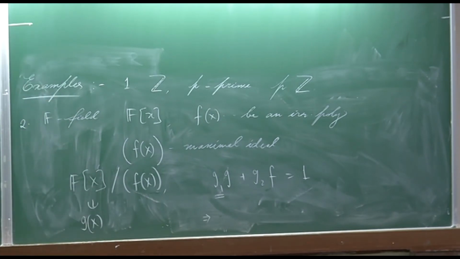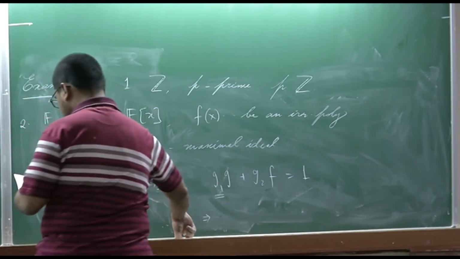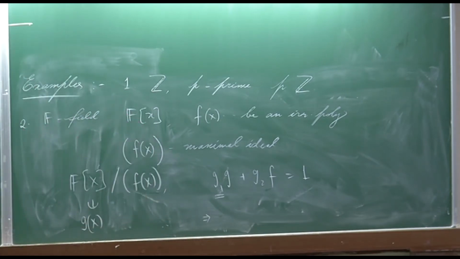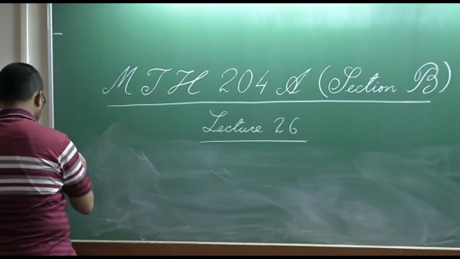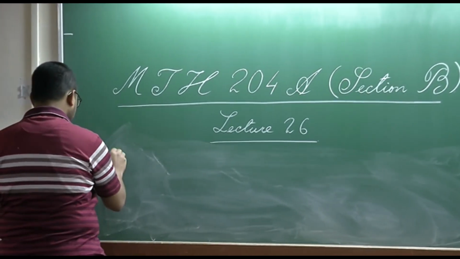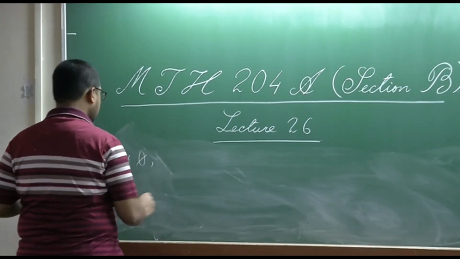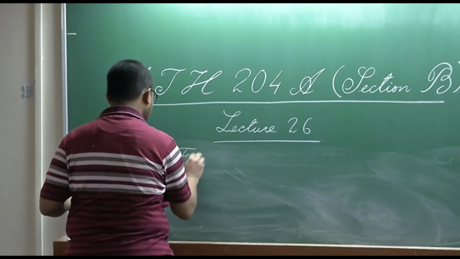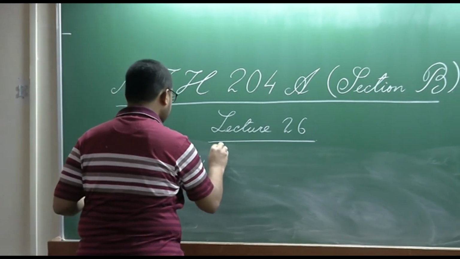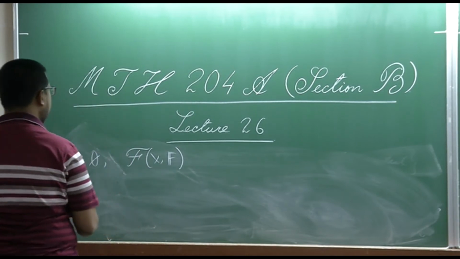Now, next example. I will quickly cite the examples because I have other things to talk about as well. So, the verifications I will be leaving to you. Let X be any non-empty set. We consider the set of all functions from X to F, where F is some field.